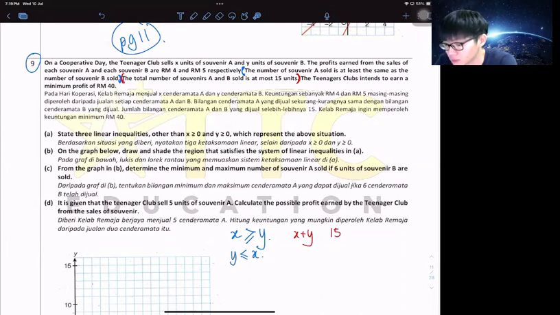At most, like maximum, is 15. That means you cannot go more than 15. So it should be less than or equals to 15. You understand why I got the equal sign? Just now the one they said at least the same, so it can be equals to x. This one, at most 15, means 15 boleh, can be 15, but not more.